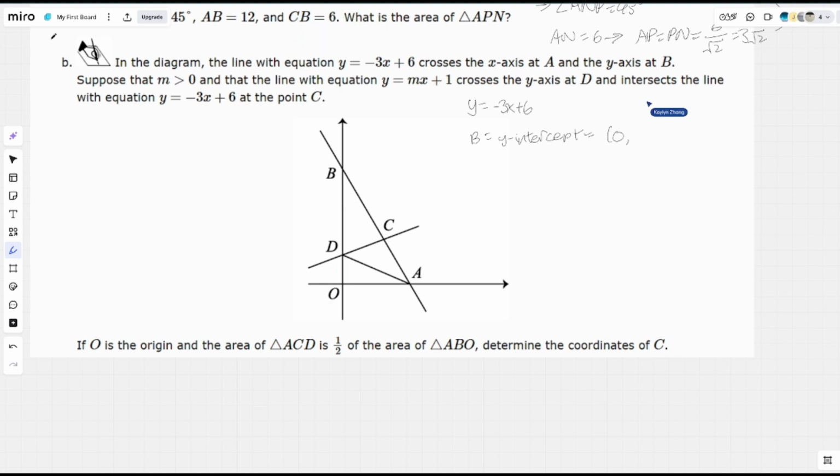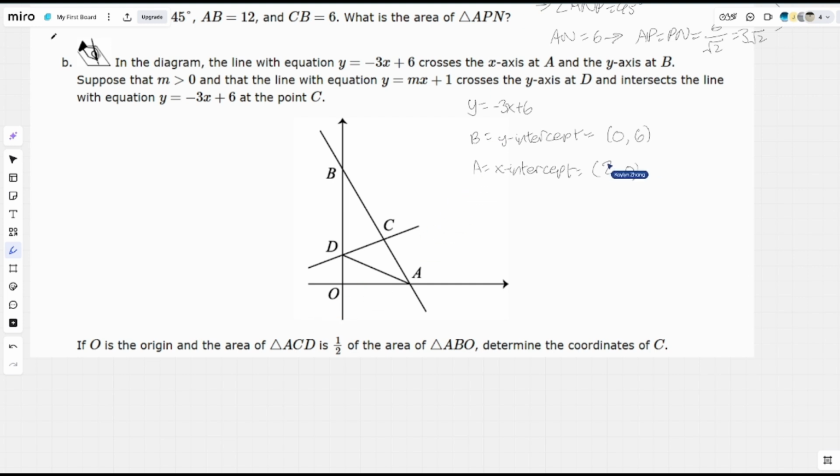So if we plug in x is equal to 0 to this equation, y is equal to negative 3x plus 6, then we see that y is equal to 6. So that's what point B is. And for A, it's the x-intercept. So that's basically when the y-coordinate is 0. So plugging that in, 0 is equal to negative 3x plus 6, so x is equal to 2.